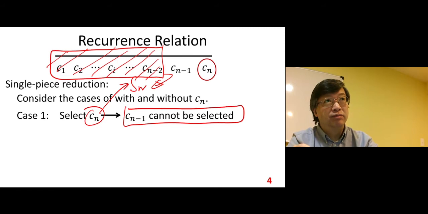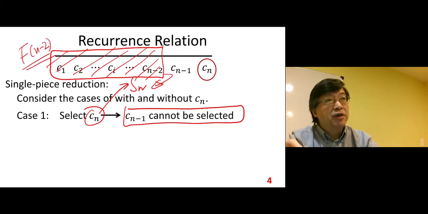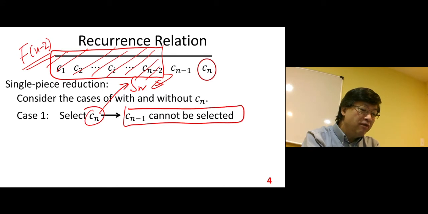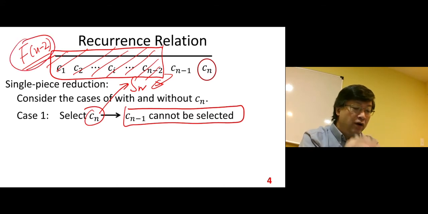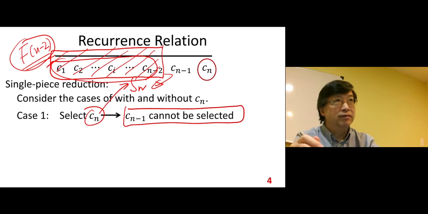You need to consider that subproblem. Based on our notation, that solution is f of n minus 2. That is the definition of the subproblem. The maximum value for the coins in a row, you only use the first n minus 2 coins. So you get that value.